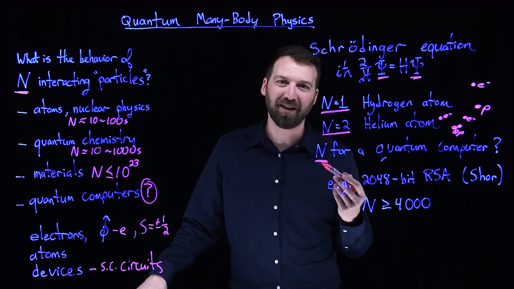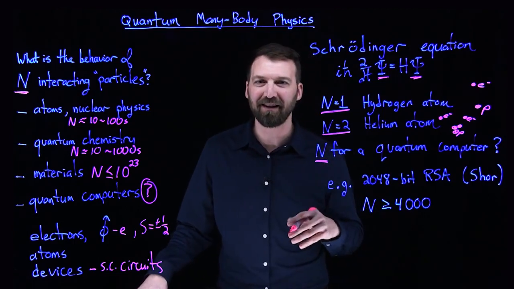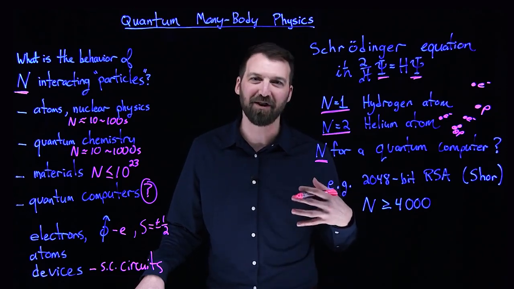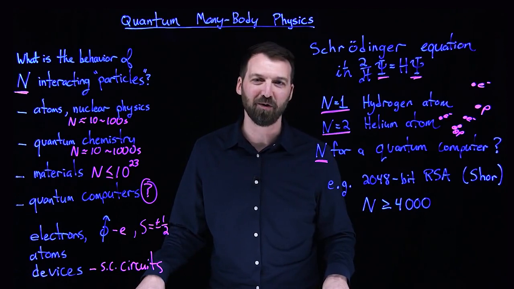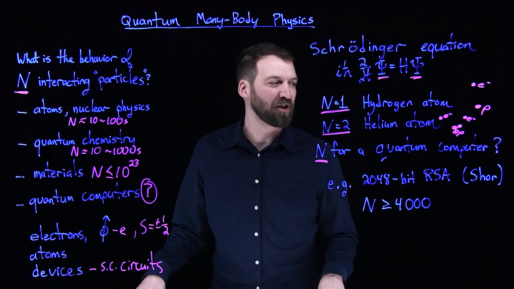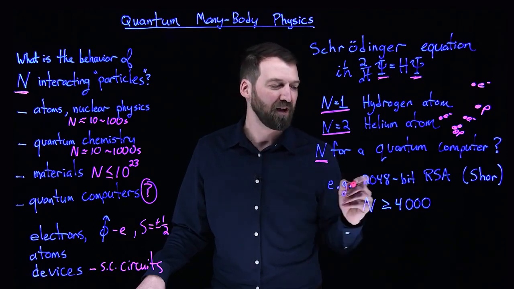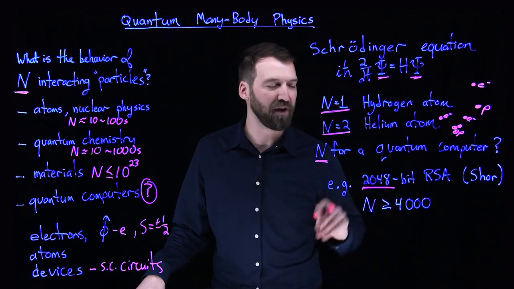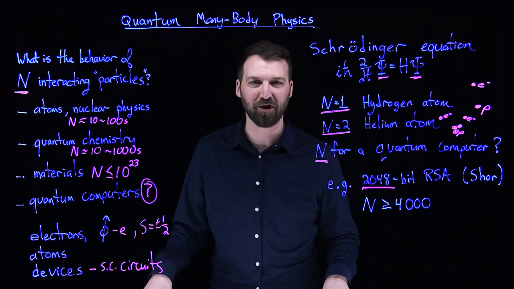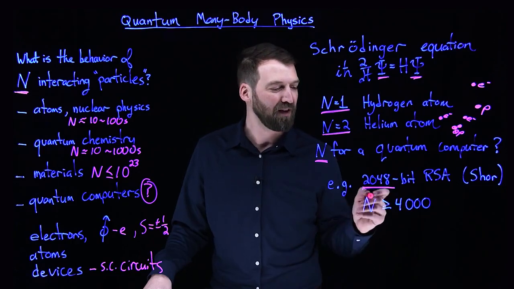Well, there's many different types of quantum computers, and many different ways you can imagine building up qubits to do quantum information processing tasks. So one benchmark would be a quantum computer that can run Shor's algorithm, say, for 2048-bit RSA encryption, which is either current encryption or future encryption for things like your cell phone.